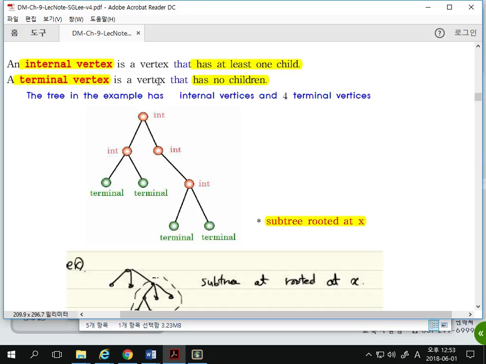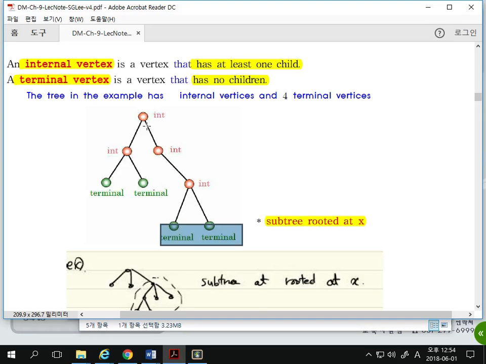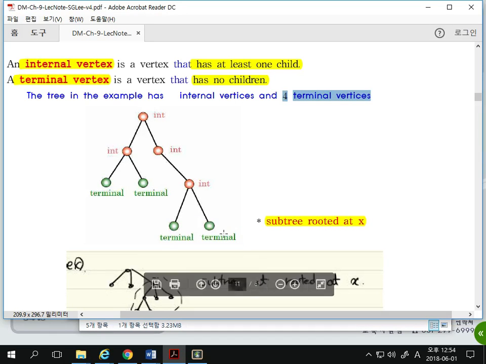A terminal vertex is a vertex that has no children. So the very end ones, which do not have children, are called the terminal vertices. And the others above them can be called the inner vertices. The tree in the example has internal vertices and 4 terminal vertices.